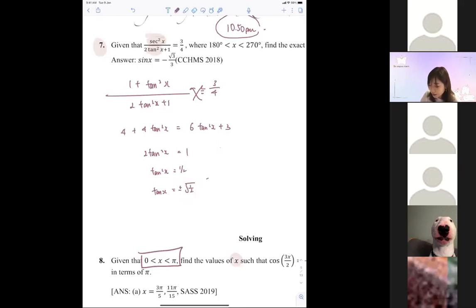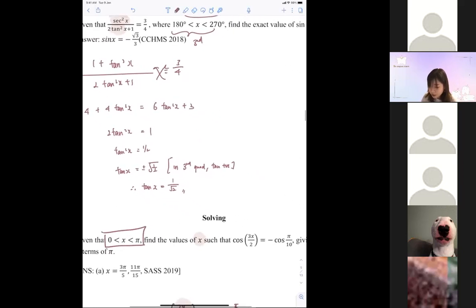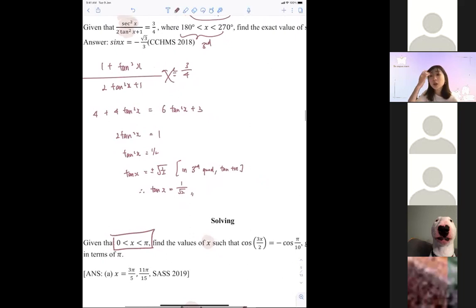You must say that this is the third quadrant. In the third quadrant, tangent is positive. Therefore, tangent x equals square root 1 is still 1, square root 2, just leave it as square root 2. You make tangent the subject, then you can continue doing.